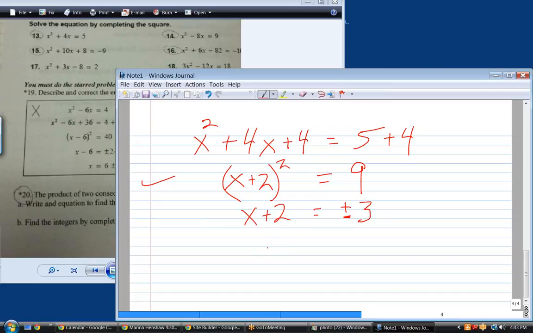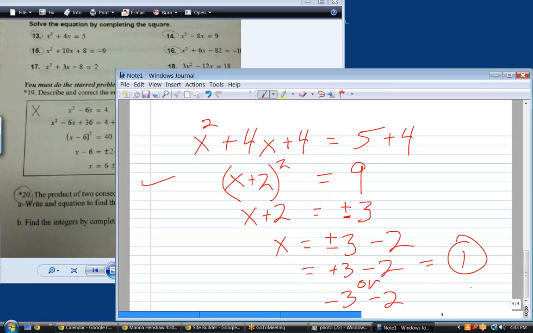So when I solve this, what do I get? X equals 1 and x equals negative 5. Yeah, let's lay it out. Plus or minus 3 minus 2, which is plus 3 minus 2 or minus 3 minus 2. This answer is 1.